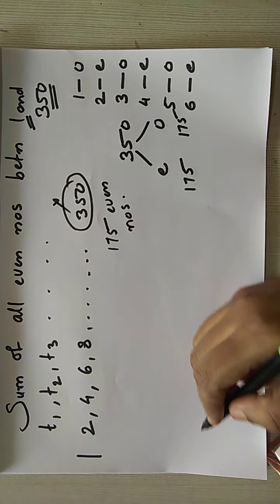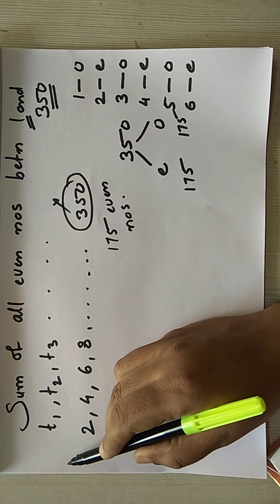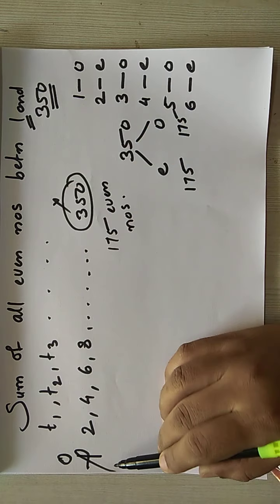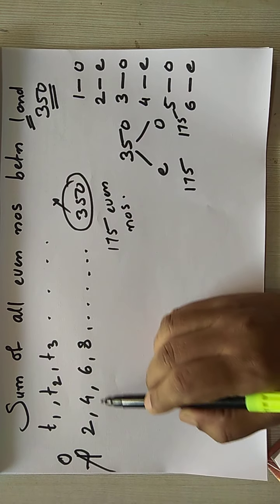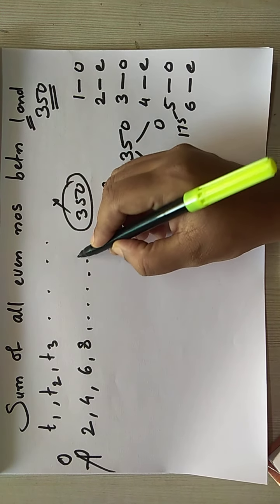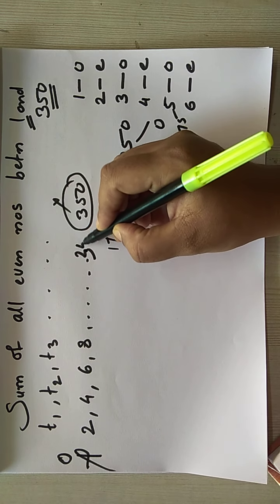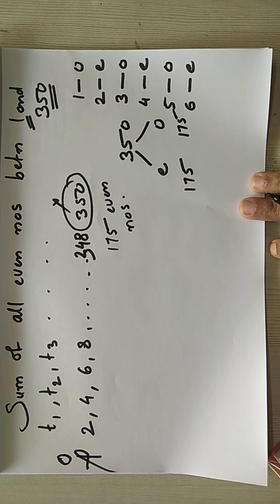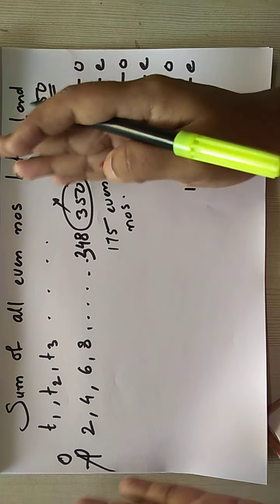Here 1 is an odd number, so remove it. So between 1 and 350 you have 2, 4, 6, 8 and the last number will be 348, just previous to 350. The last even number which is between 1 and 350.